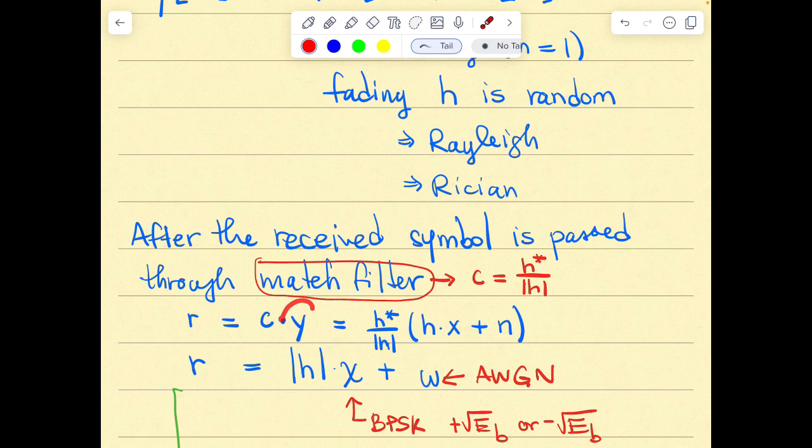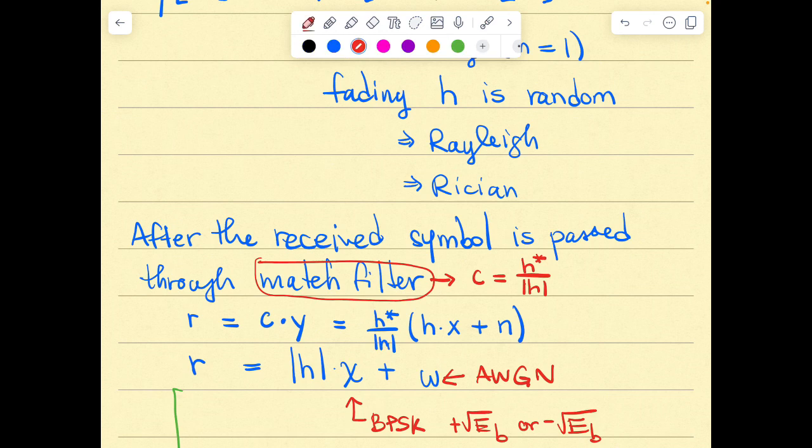So the received symbol passed through the matched filter c gives you the symbol r, which we're gonna use to detect whatever the transmitter sent to the receiver. So remember, c is multiplied with y, which is h multiplied with x plus noise.